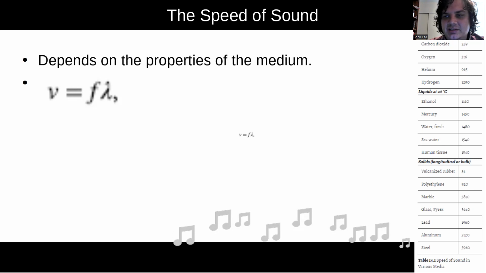Liquids at 20 degrees Celsius also tend to have velocities of around 1400 to 1500.